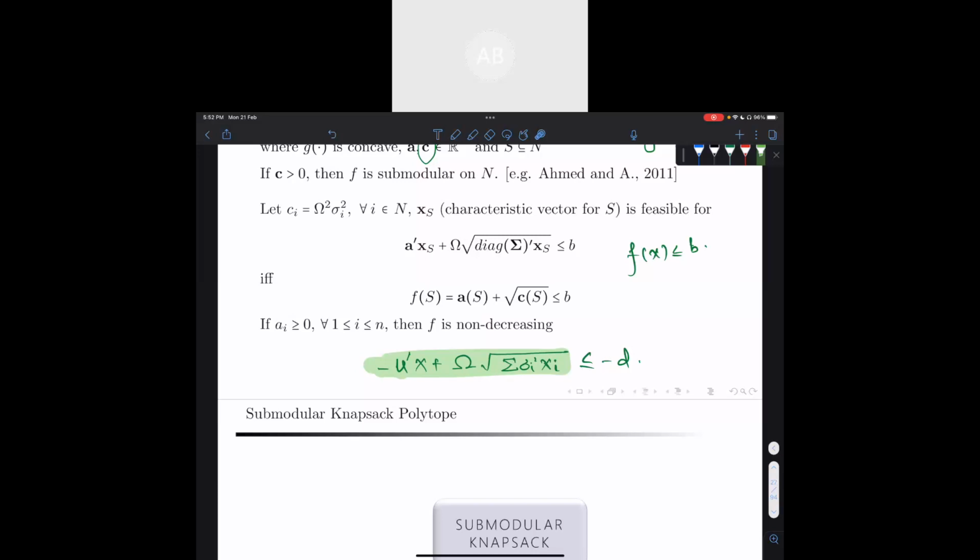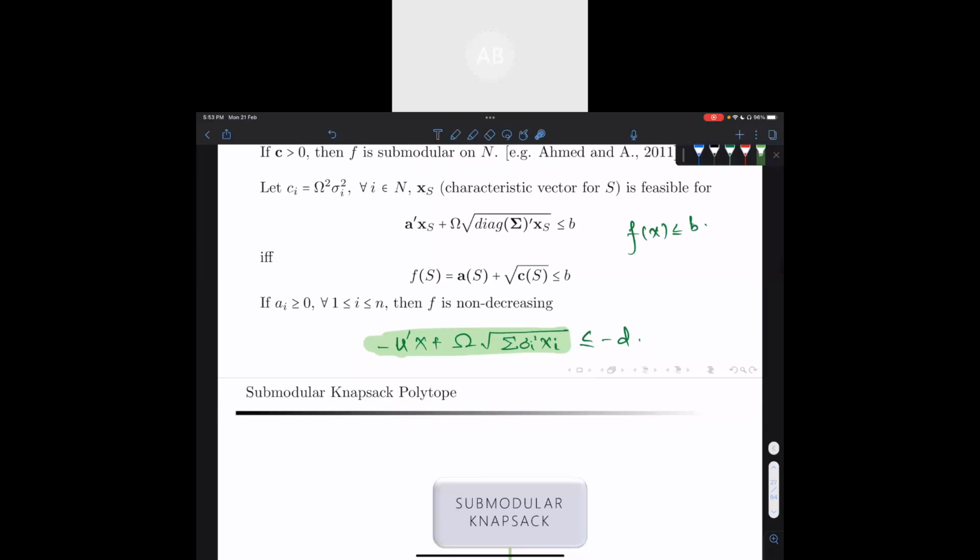Now, how can this information about the combinatorial nature of the underlying polyhedral set help us?